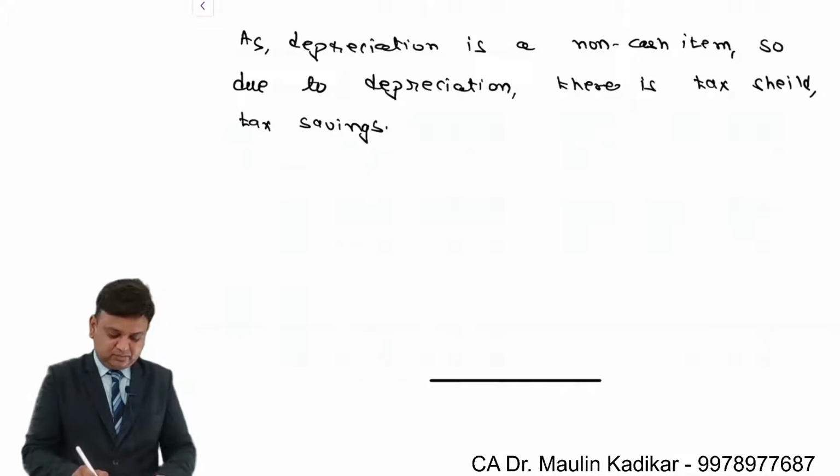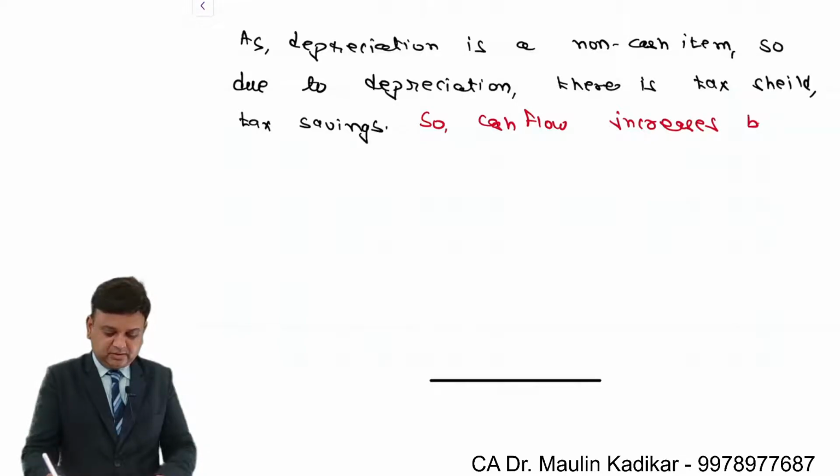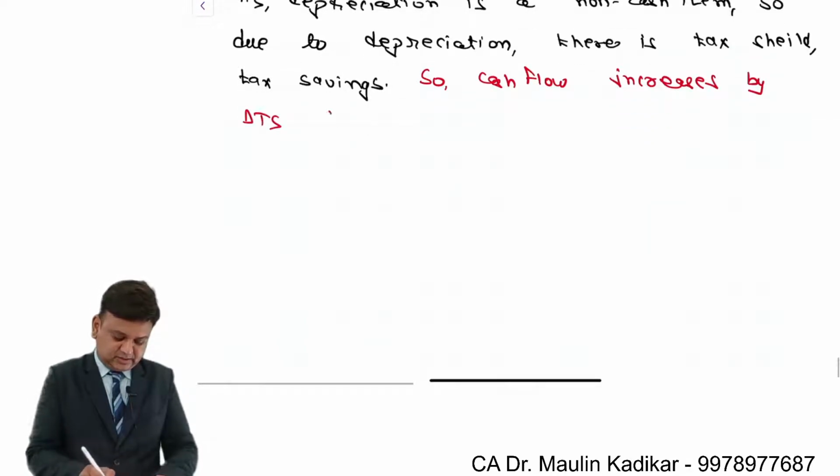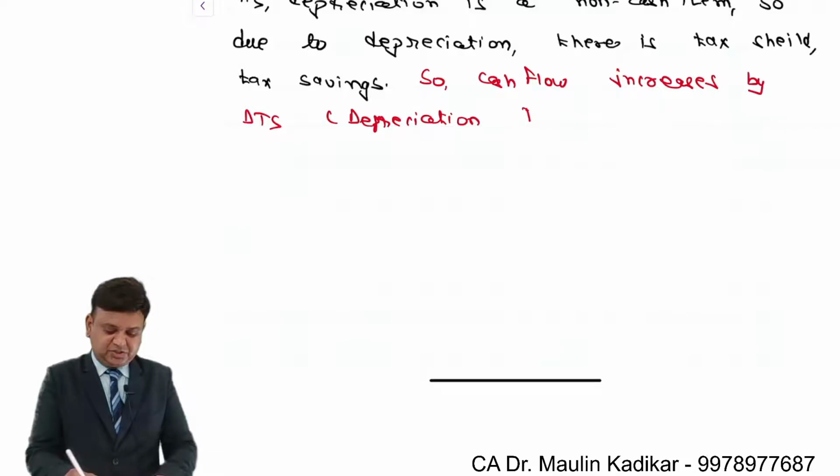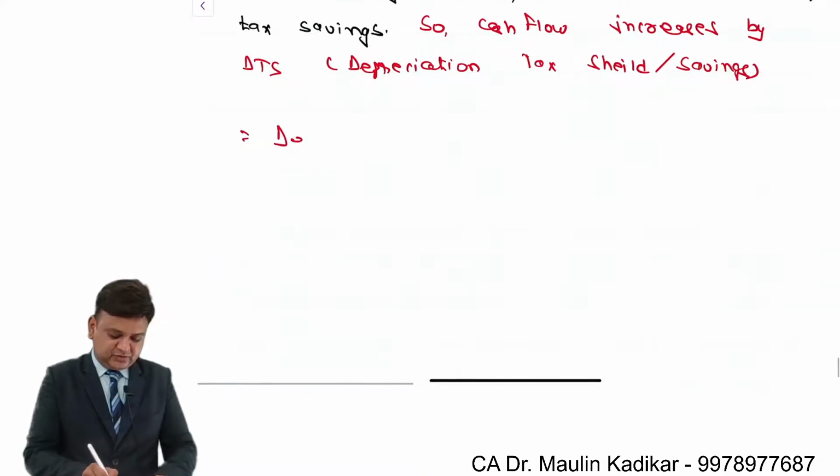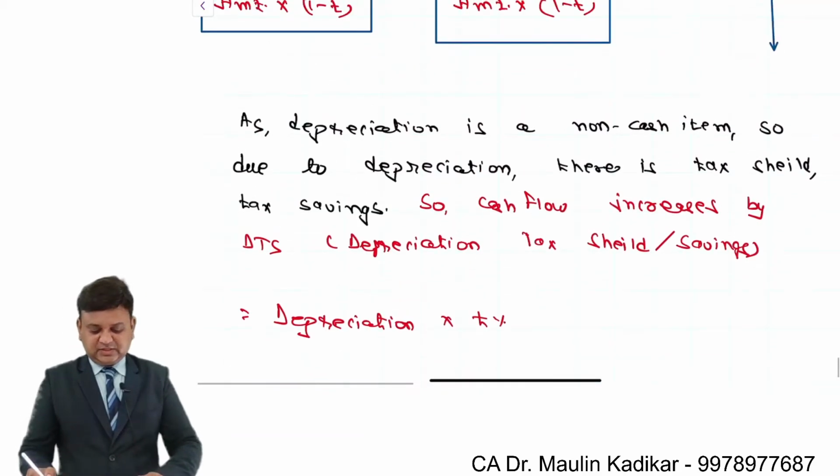So cash inflow increases by DTS, depreciation tax shield/savings, and it is found as depreciation into tax rate. This is the way it is calculated.